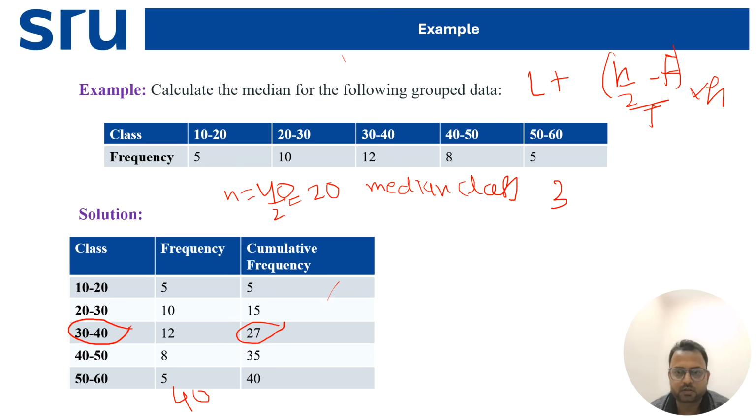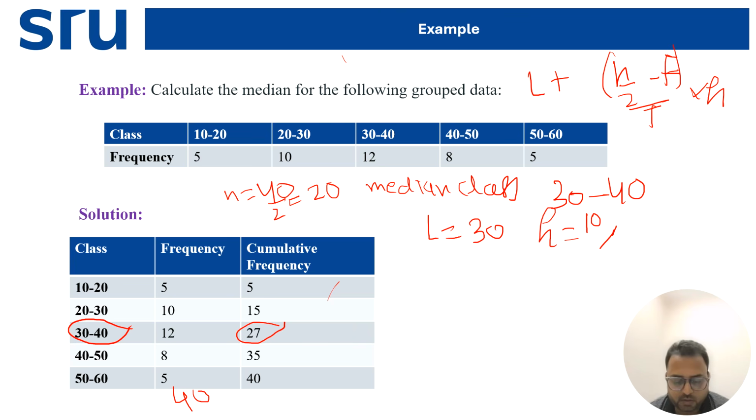Here the lower boundary of the median class, L value, is 30. For the width h, we can see 10 to 20, so 20 minus 10, h value is 10.